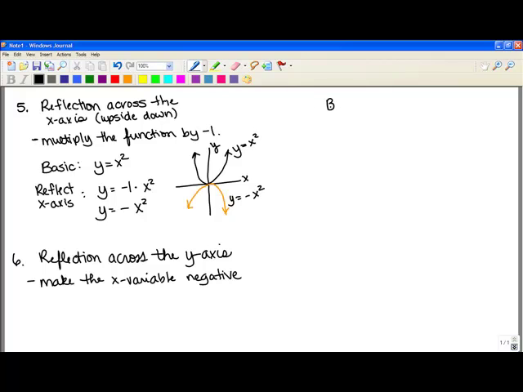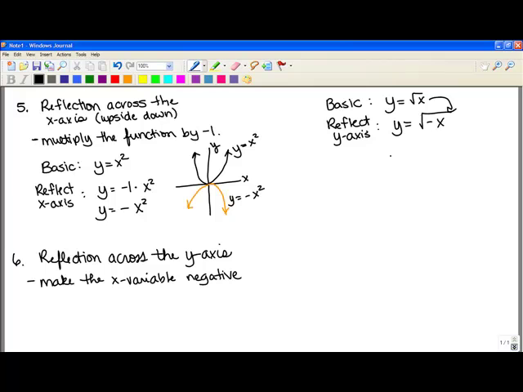So if we have our basic graph of, let's change it up a little bit here, y equals the square root of x, and we wanted to reflect it across the y-axis, the new graph and function would have a negative where the x is. So you take x and you put a negative with it.